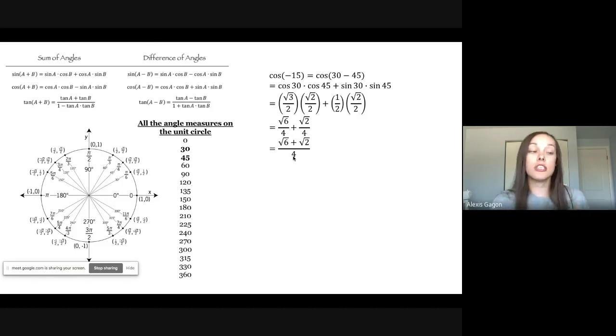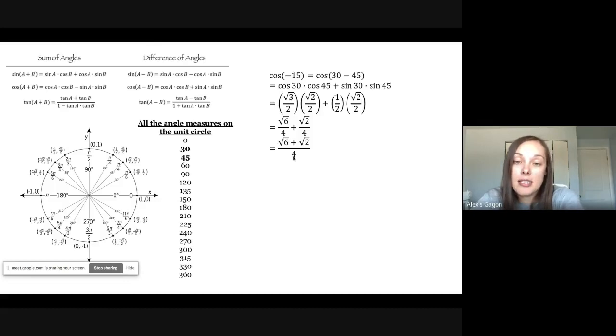Okay, and you can check this. If you have a calculator, pull it out right now. I'll put it up to the camera, but I don't think you can see it very well. Make sure you're in degree mode and put cosine of negative 15 in your calculator, and you get 0.96, something.